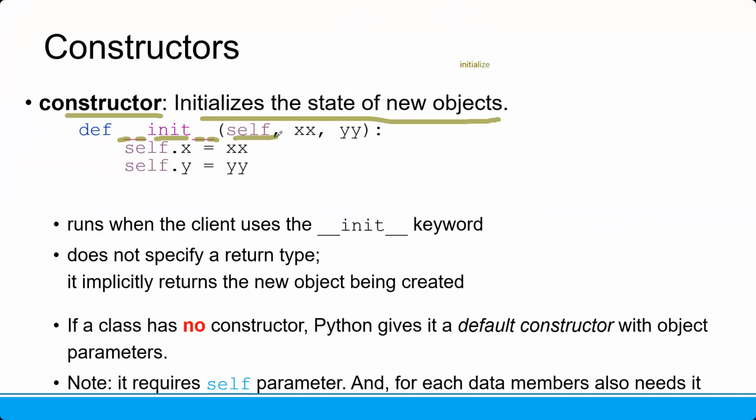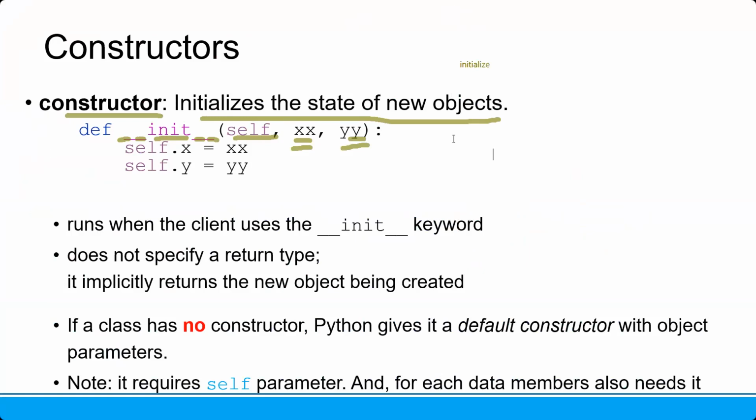So self is mandatory for the object variable, and we have two data members here. It depends on the problem, because we are going to make a point, so we have X and Y. Then we want to input two data members. If you want to make another problem, you need to look at the data members of that problem.